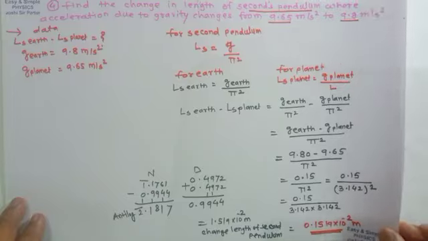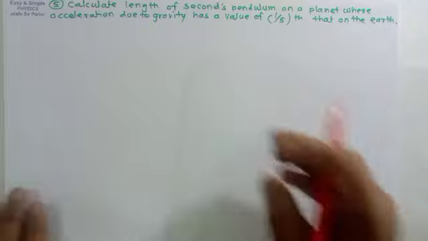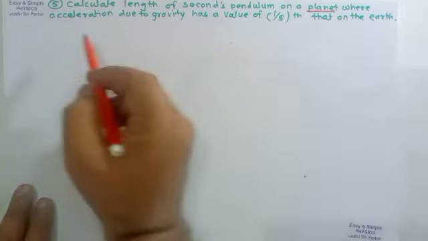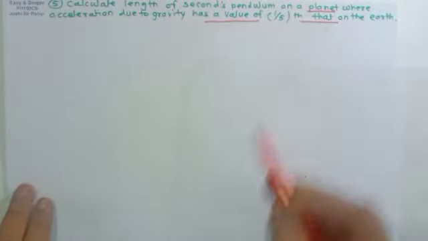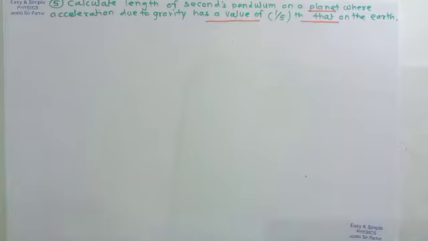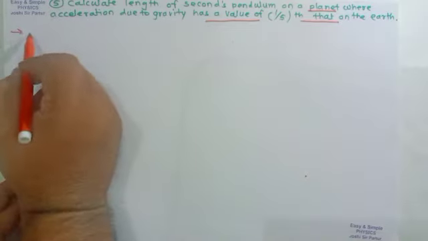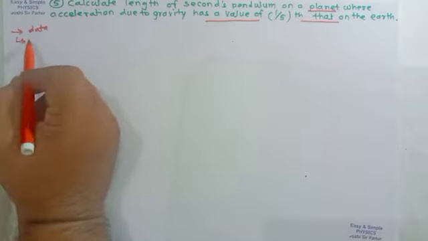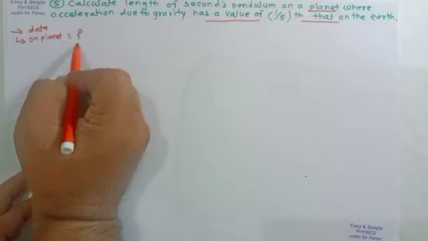Here if we can see the another example, that will be calculate length of second pendulum on a planet where acceleration due to gravity has value of 1/5 on the earth. So that here we can see data: length of second pendulum on planet will be calculated.